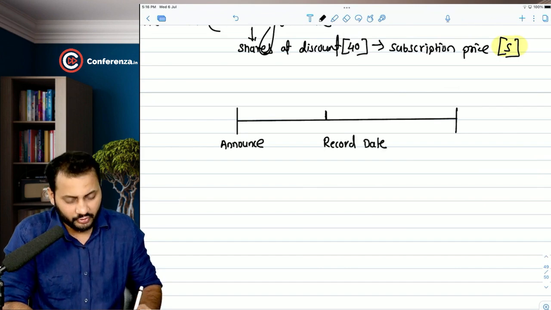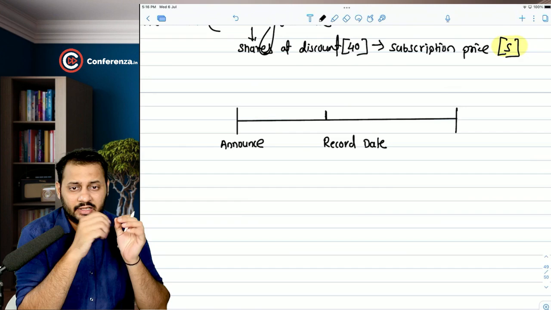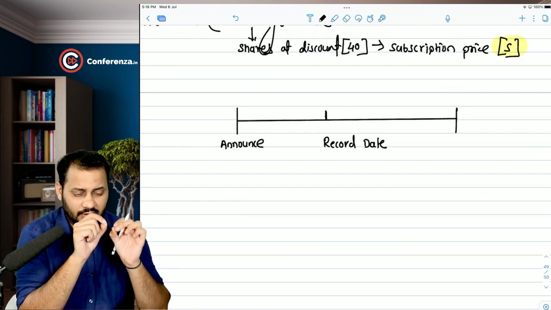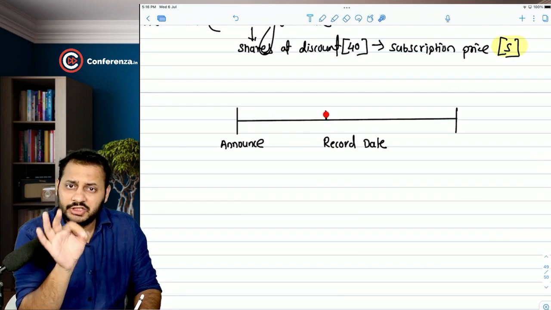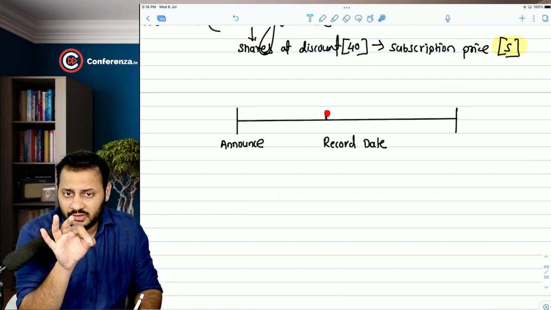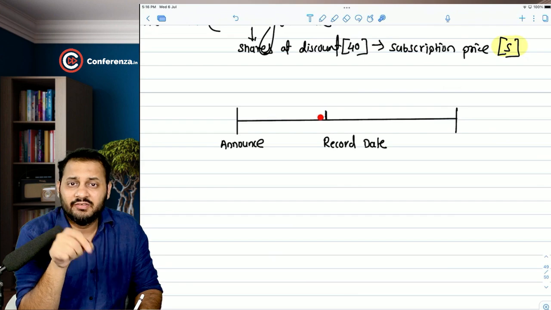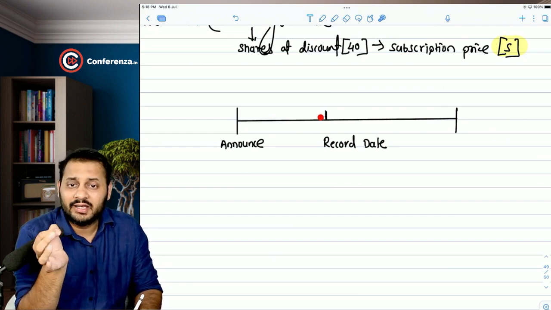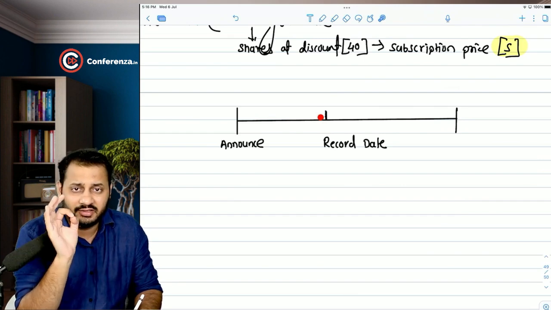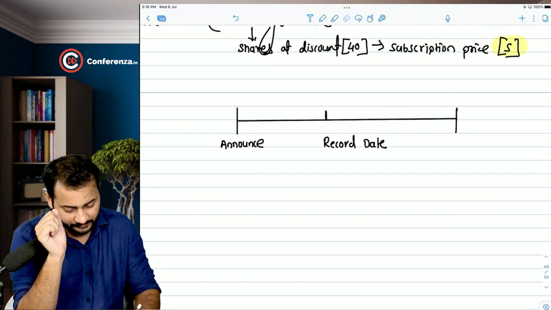What do you mean by the record date? The record date means that whosoever is the equity shareholder of the company in the register till that record date point will get the right to buy additional shares at a discounted price.